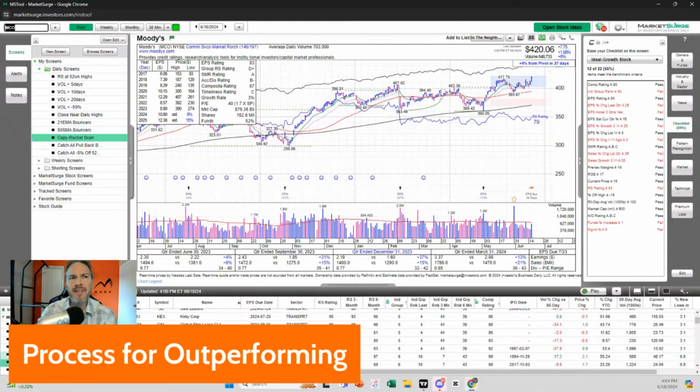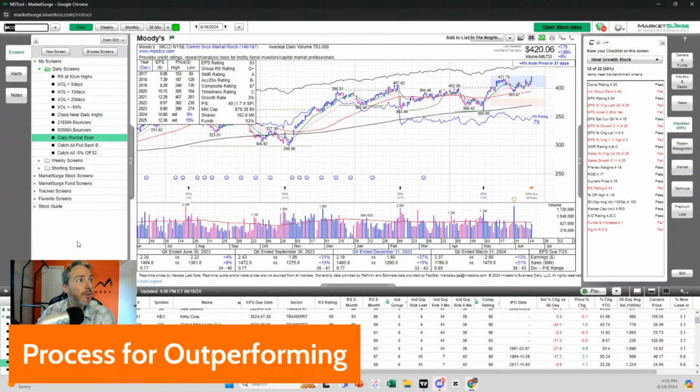Screening, that's not why you're here. Running a bunch of pre-built screens is fairly simple. But the thing that is a lot bigger, and quite frankly, the larger pain in the butt, is managing a variety of lists.